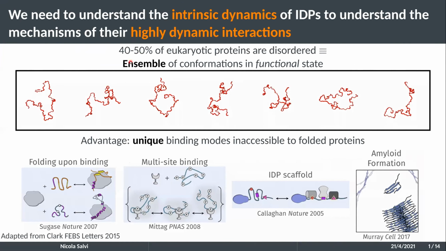And this means that we have to use an ensemble of diverse conformations to represent their functional state. Now, this gives an advantage to IDPs, the fact that they can access unique binding modes that are not accessible to folded proteins. And all these binding modes rely on the dynamics of interconversion between states in the ensemble. So this is what we want to understand.